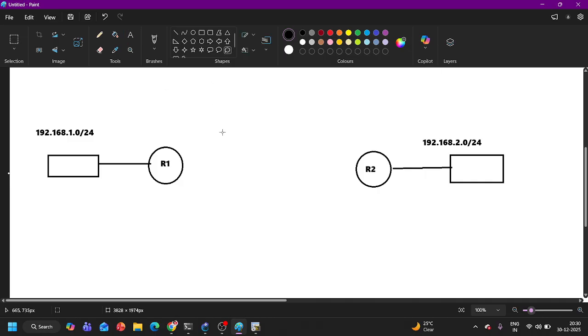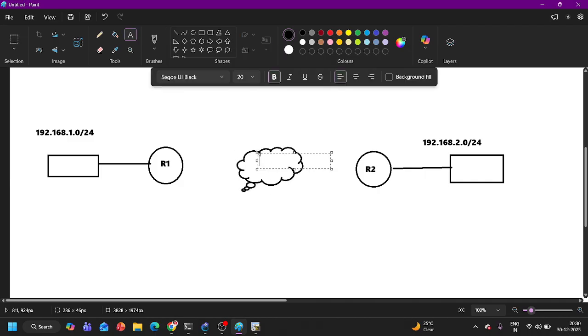Maybe through internet, maybe through MPLS transport, any transport, doesn't matter. LTE, Metro Ethernet, whatever, even the old technology, token ring and those all, doesn't matter.